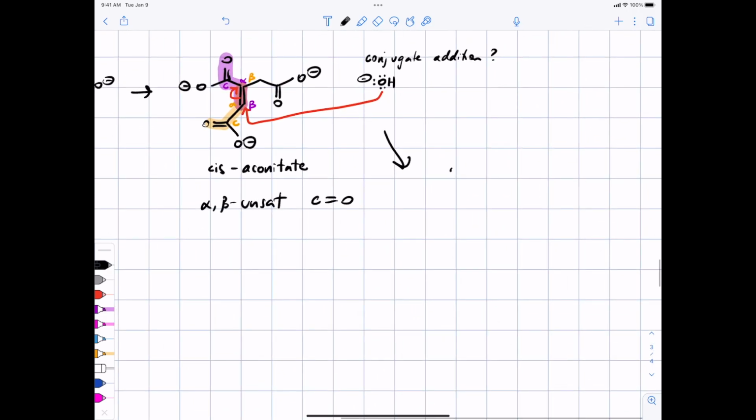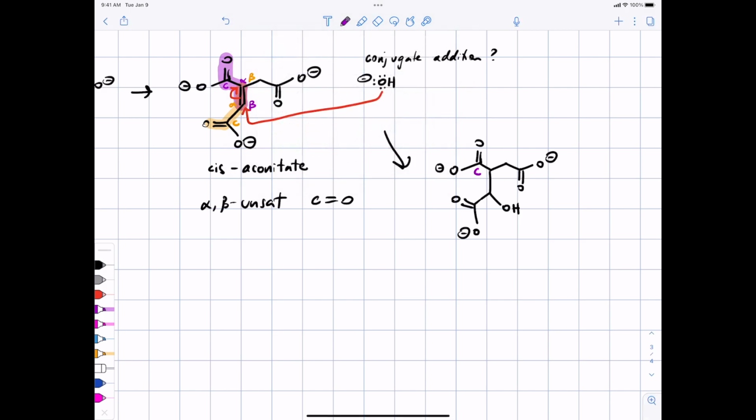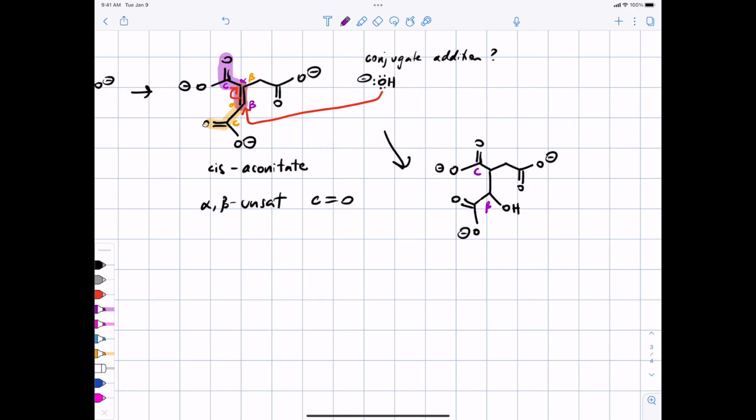I'll draw the intermediate, but you're going to see that's going to put that OH group on a secondary carbon and is now going to set us up with an alcohol that can be oxidized. So here's the OH group. It's now beta to the purple carbonyl carbon.